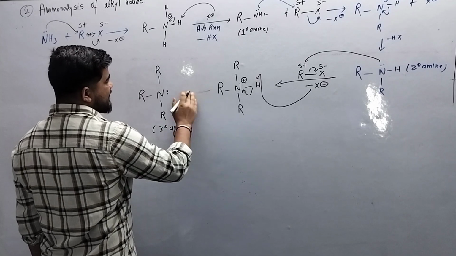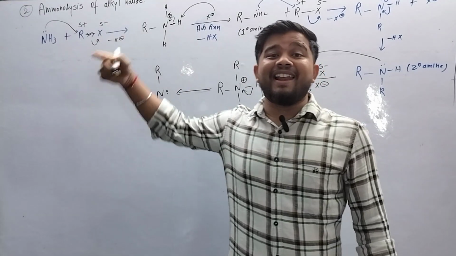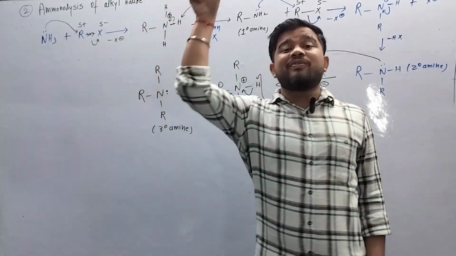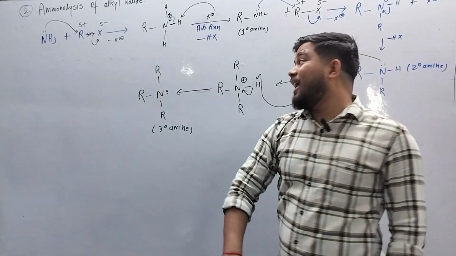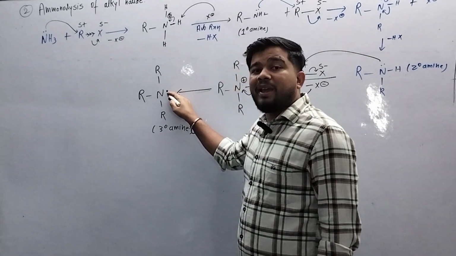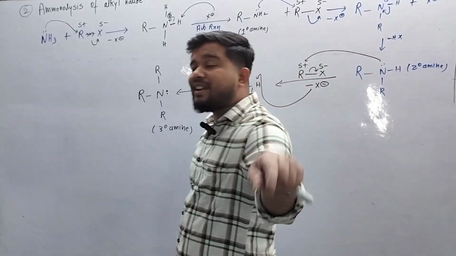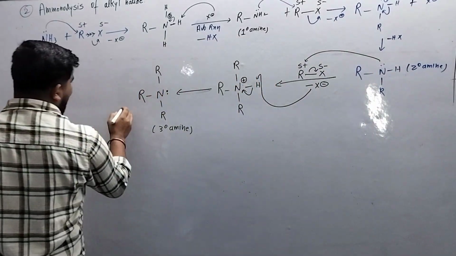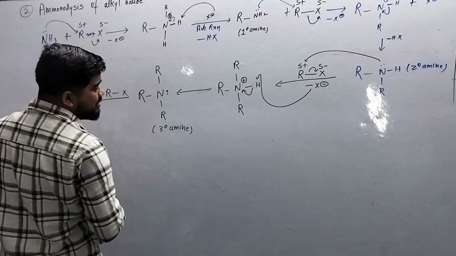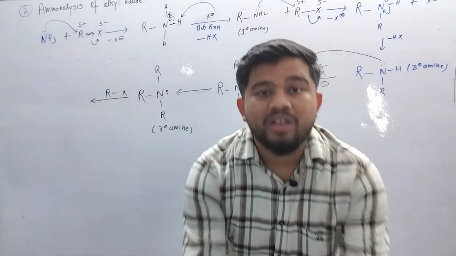In the next step, as we have already said that the alkyl halide is in excess, that means the 3 degree amine is further reacted with alkyl halide because it also has a lone pair. That means it acts as a nucleophile. It further reacts with alkyl halide to form a quaternary ammonium salt.